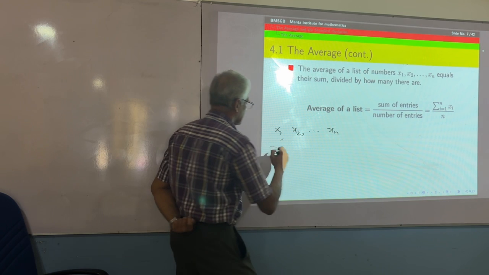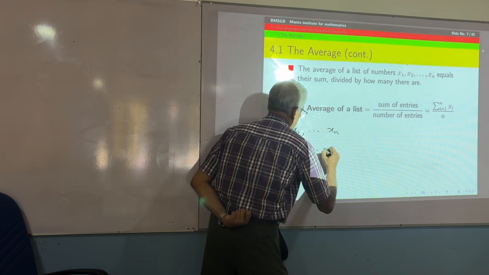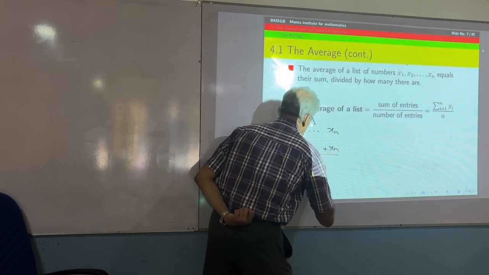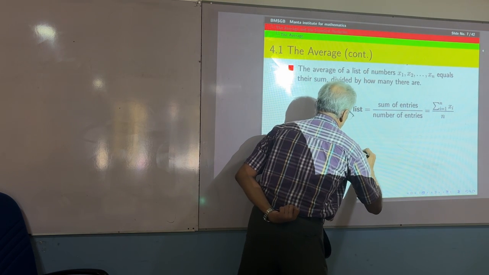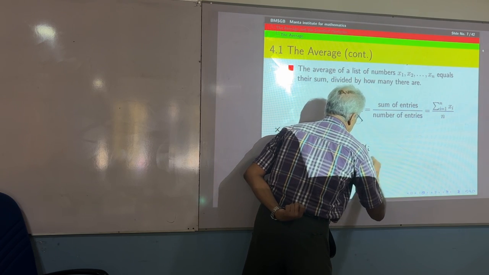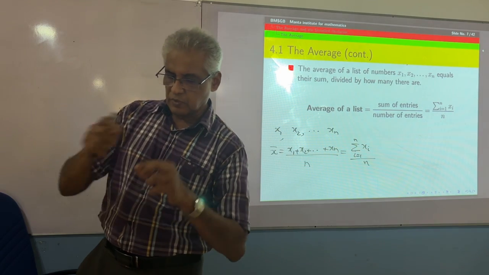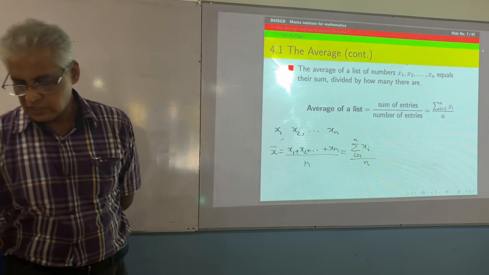So x bar is equal to x1 plus x2 plus up to xn divided by n. This is what we write as the sum of xi from i equals 1 to n, divided by n. Here n is equal to the total number of observations in the list.